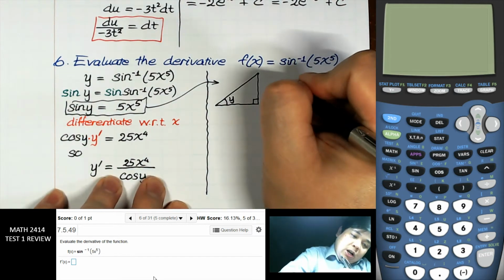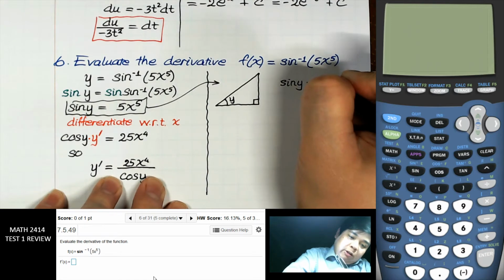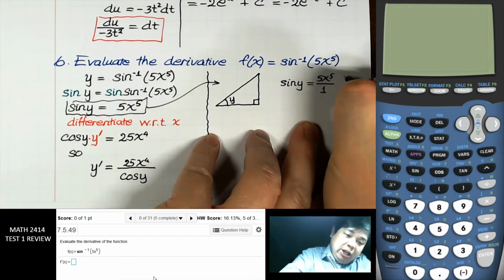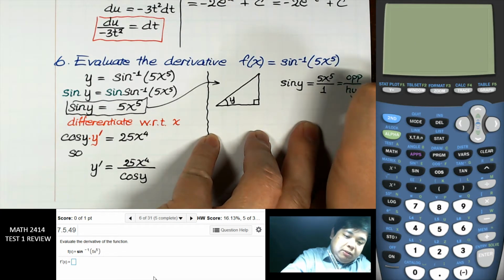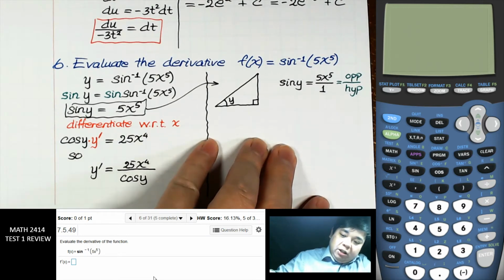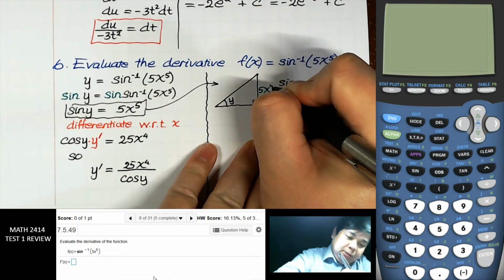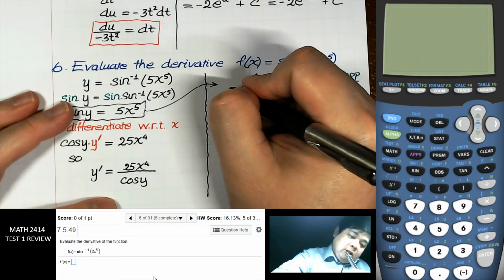So sine of y is equal to 5x to the fifth over 1. I write that as a fraction or ratio because sine is a ratio of opposite over hypotenuse. So the opposite of the angle y is 5x to the fifth and the hypotenuse is 1.